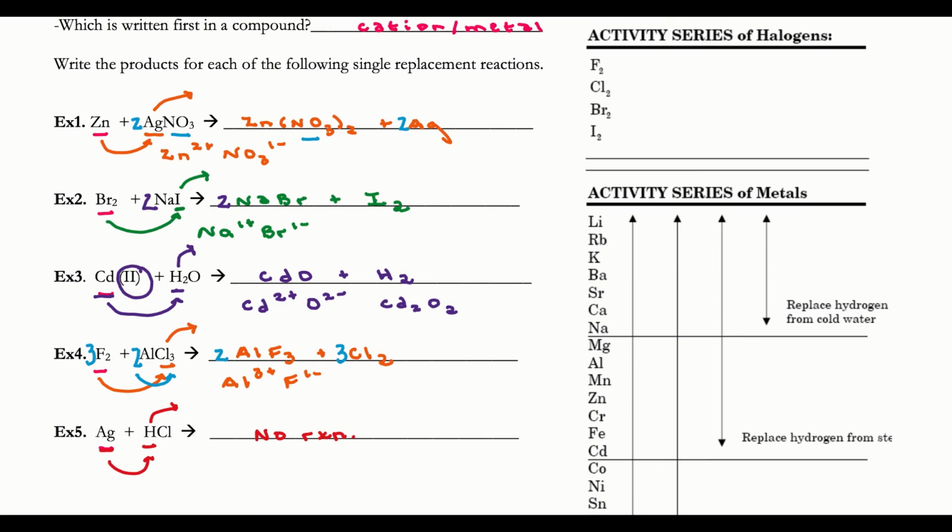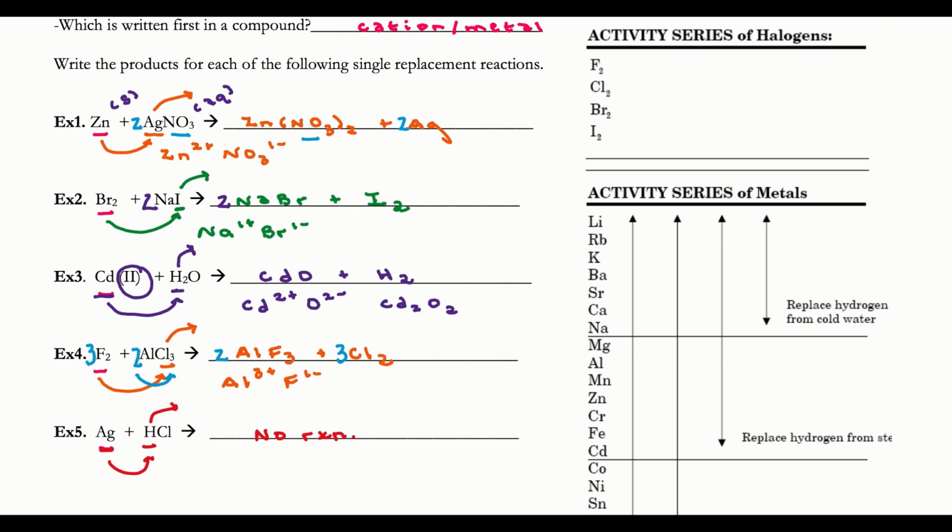Okay? Let's talk really quickly about what you might observe when you have a single replacement reaction. So let's look at my products here. Okay? So zinc is a solid. Silver nitrate is going to be aqueous because I'm going to have it dissolved in water. I'm letting you know that. I didn't expect you to know that already. Okay?